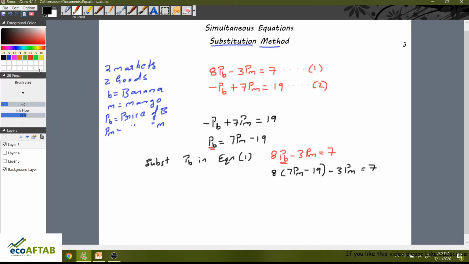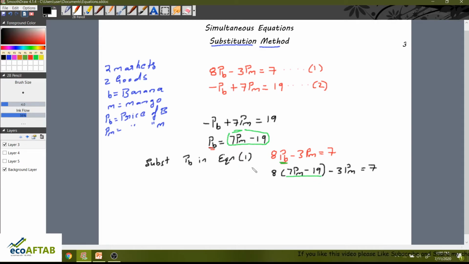What we have done here, friends, is simply take this 7PM minus 19, which is equal to PB, and put it in place of PB. This is what is called the substitution method.